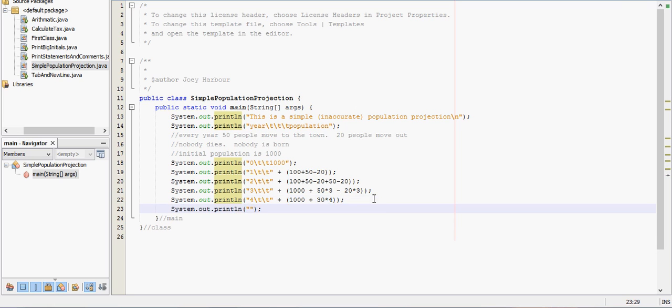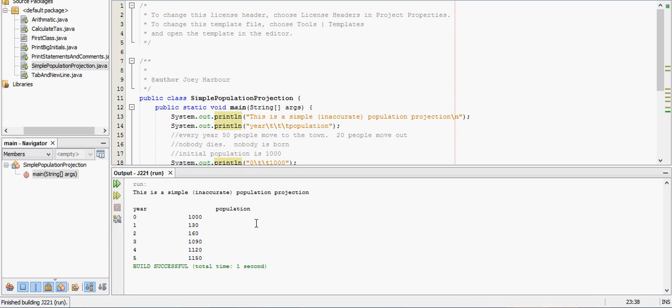And we'll do this one more time, we'll just get 5 years out, so 5, tab tab, and then 1,000. If I can start those parentheses, this will be right. 1,000 plus 30 times 5, and I forgot my plus sign back here. Okay, so this should be working just fine. We should notice a linear growth rate.